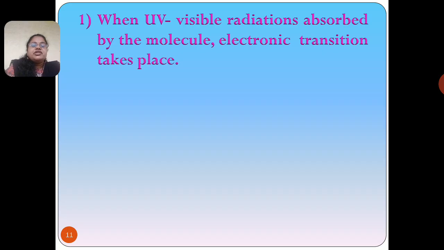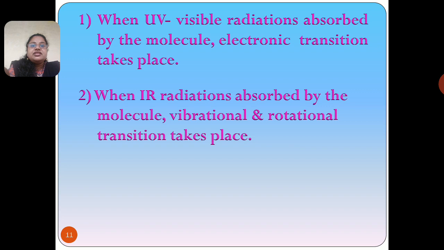When different kinds of radiations are absorbed by molecules, various kinds of transitions are possible. I just discussed the three kinds of transitions: electronic transition, vibrational transition and rotational transition. But which kind of radiation is responsible for a particular transition, we are going to discuss now. First, when UV visible radiations are absorbed by the molecule, the electronic transition takes place.